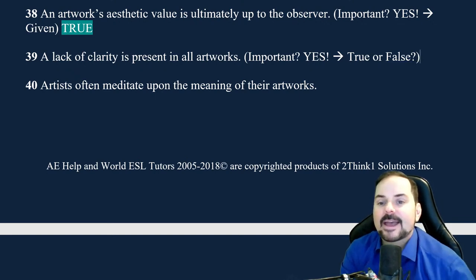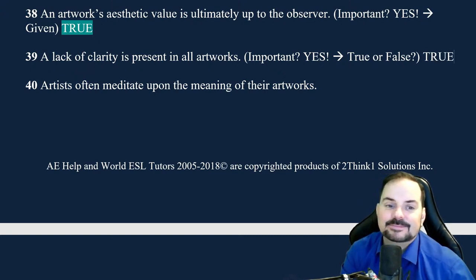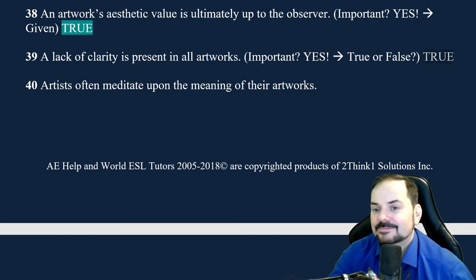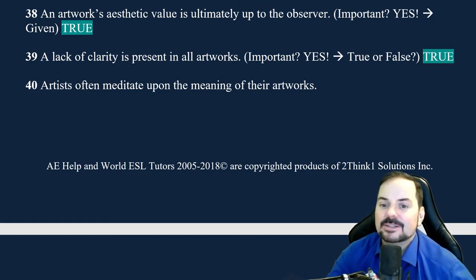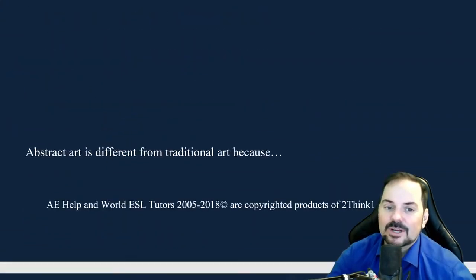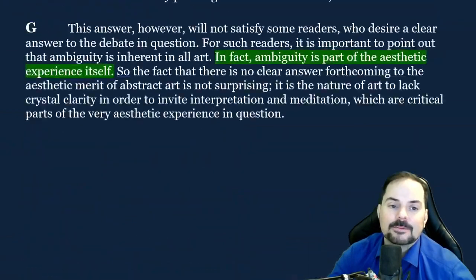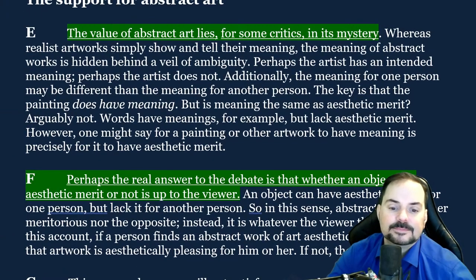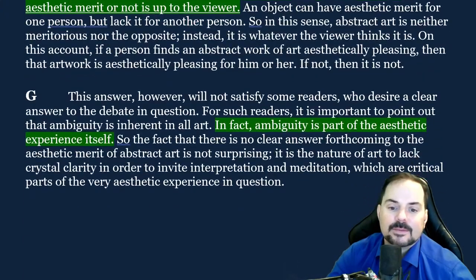Okay. And the answer here is true. A lack of clarity is present in all artworks. If you're not sure, this is where we get into those more difficult questions, right? We're kind of near the conclusion here. All right. Let's see where it says that.